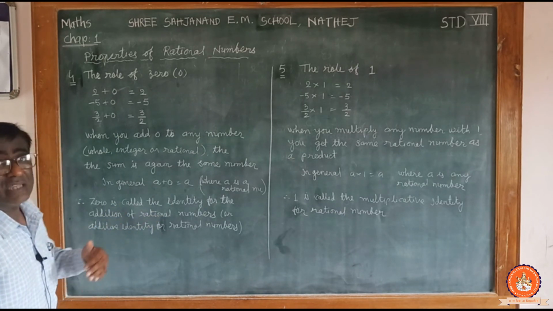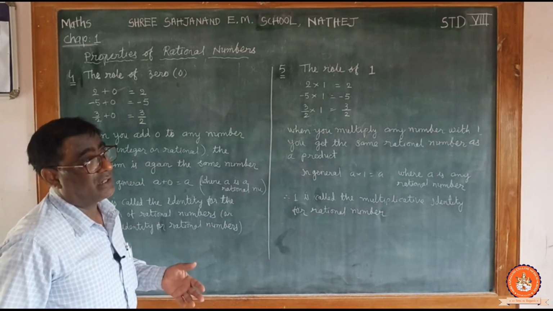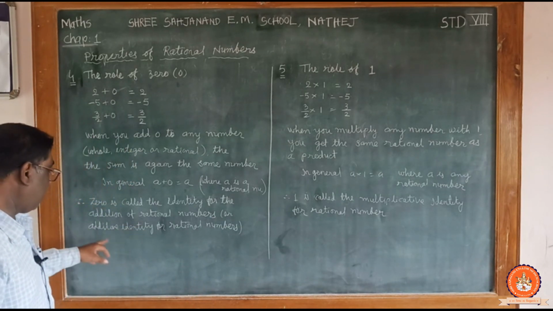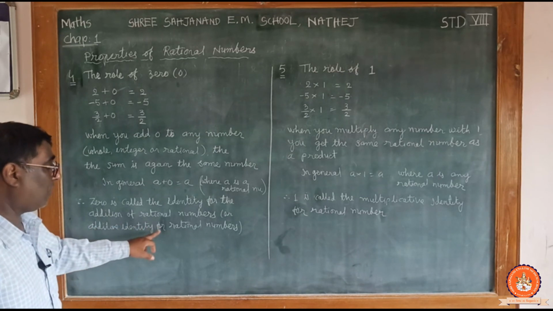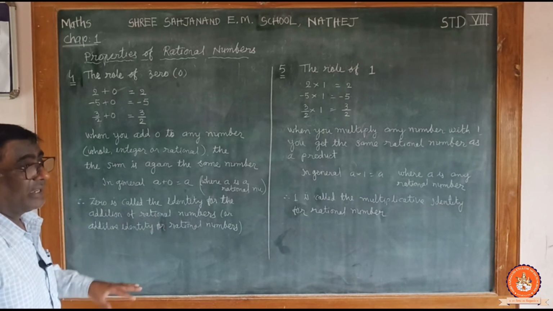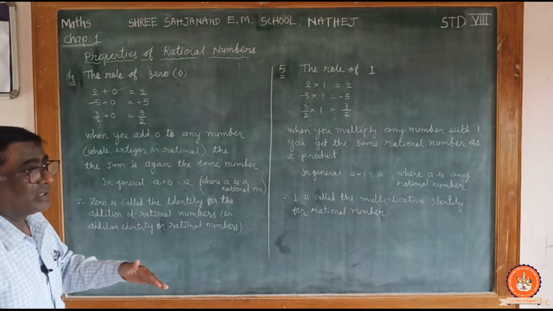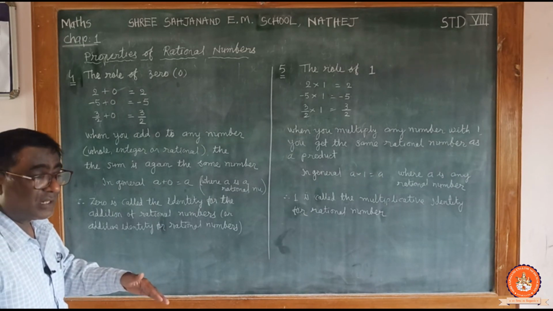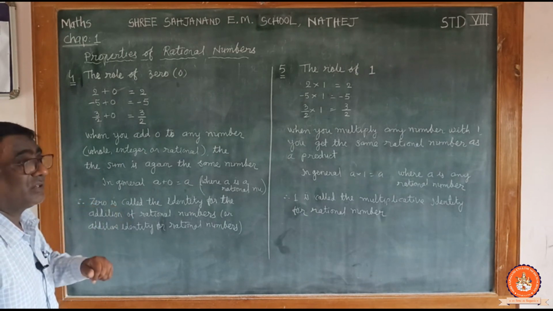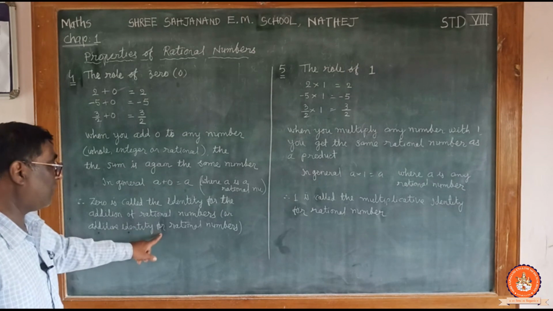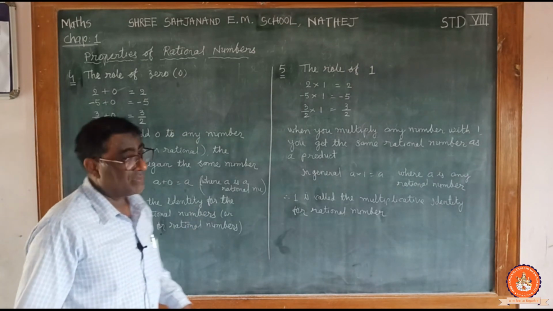It is also called the additive identity for the rational numbers.